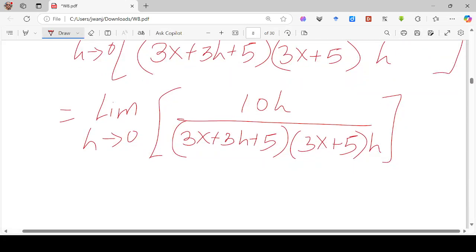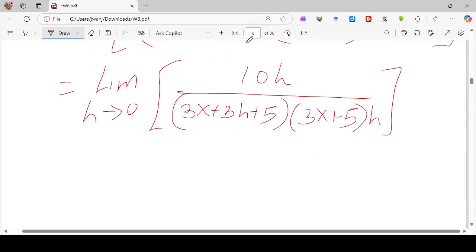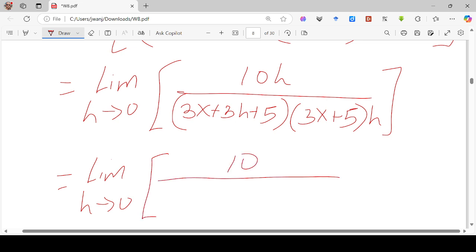So you notice that h will cancel out. You see h appears in both the numerator and the denominator. It will cancel out so that we get the limit as h approaches 0, 10 divided by 3x plus 3h plus 5 multiplying 3x plus 5.